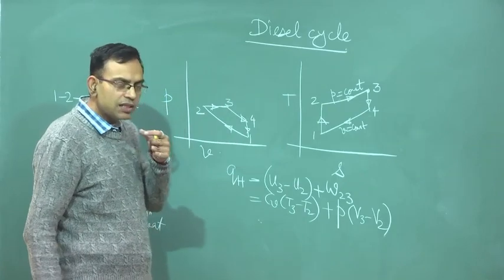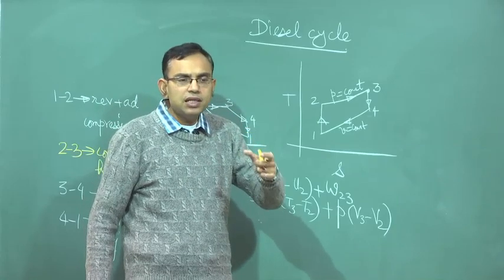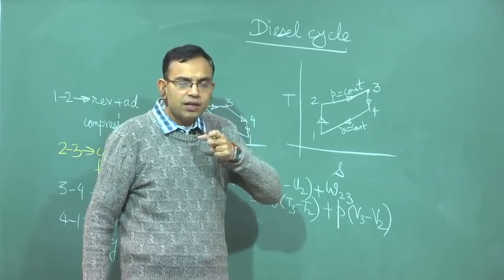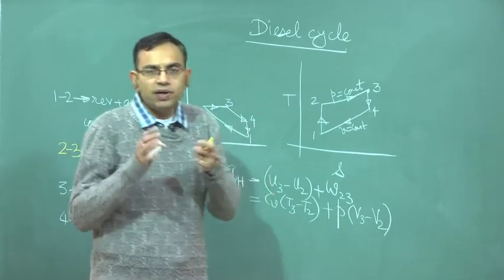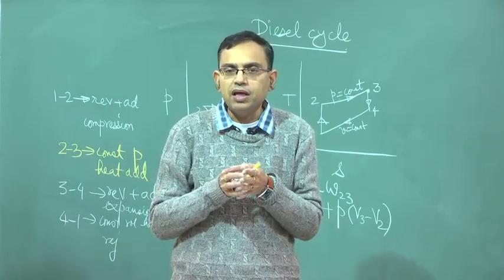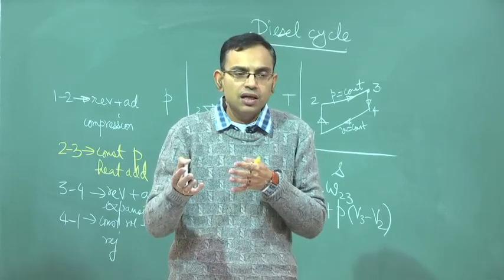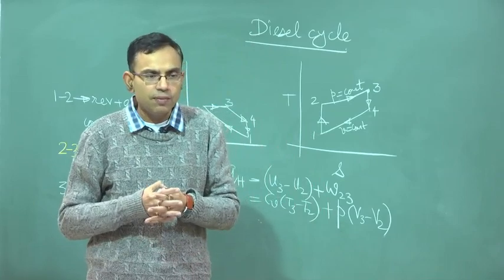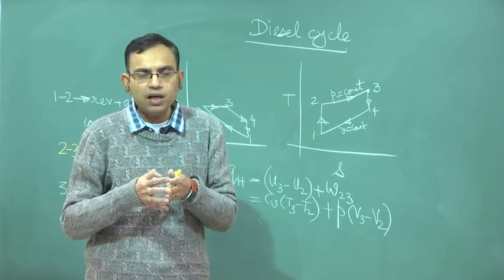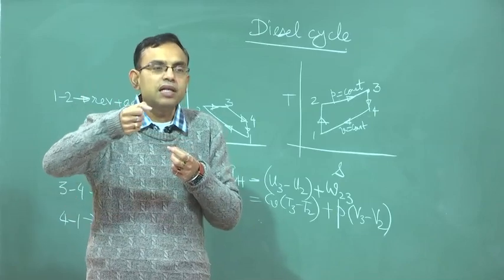So, the fuel injection process, which is typical to the diesel engines, is such that, try to understand the difference in paradigm. In the previous cycle we were trying to model the combustion in already mixed air and fuel, premixed, in the Otto cycle. So, here we are considering that the air is highly compressed and the fuel is injected.